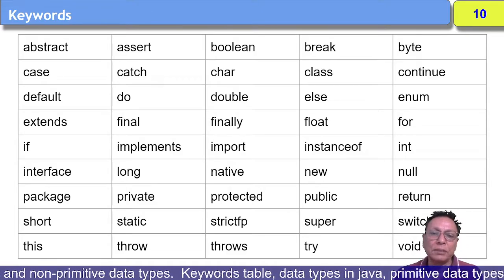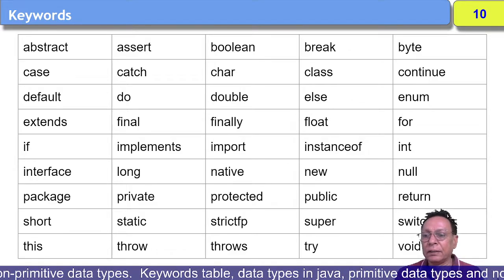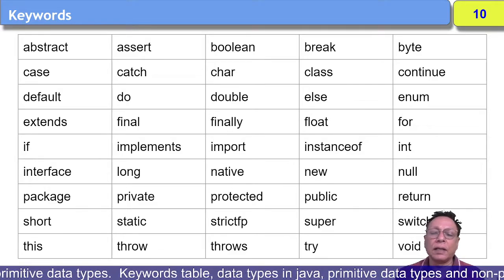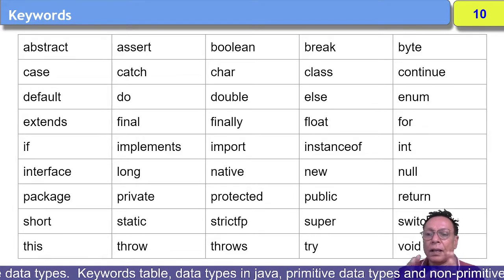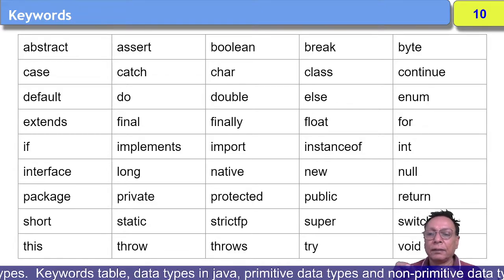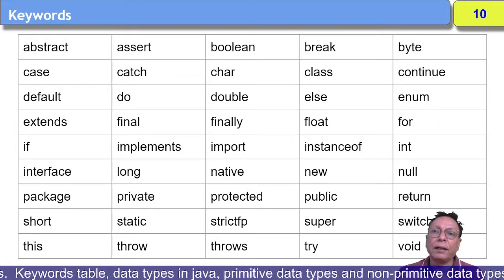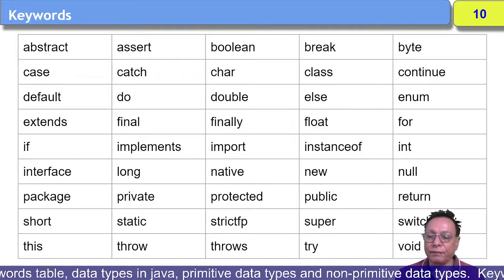So you should keep this in mind that these words which you are seeing here cannot be used as identifiers. So here, to define an identifier, these identifiers should be composed by yourself.